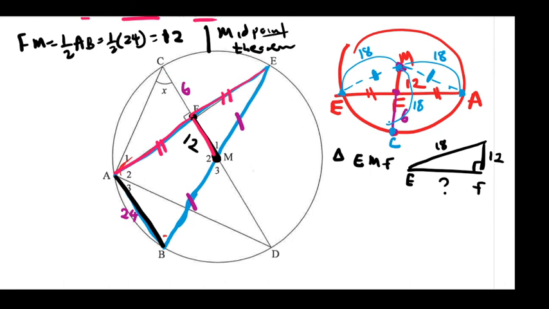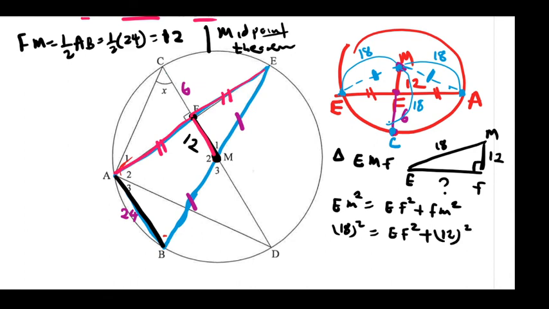So we're going to use Pythagoras in this one. So we're going to say, okay, let me indicate this is M. So EM squared is equal to EF squared plus FM squared. So here 18 whole squared is equal to EF squared plus FM, which is 12 squared.